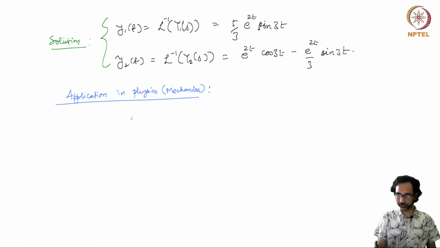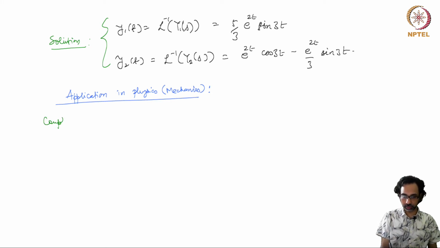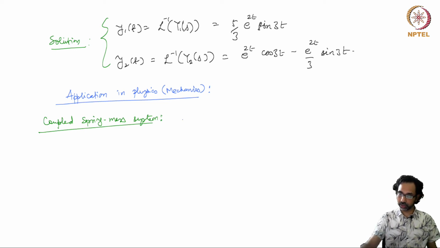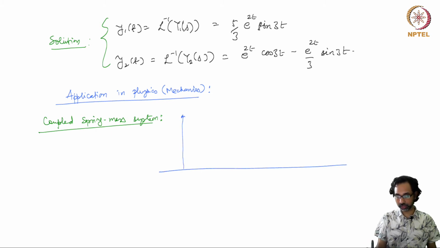So here you have what is called a coupled spring mass system. So here you will have masses connected by two springs.